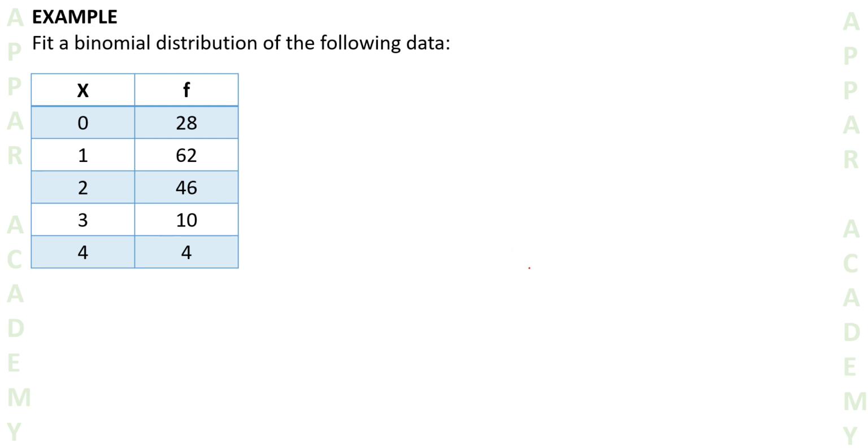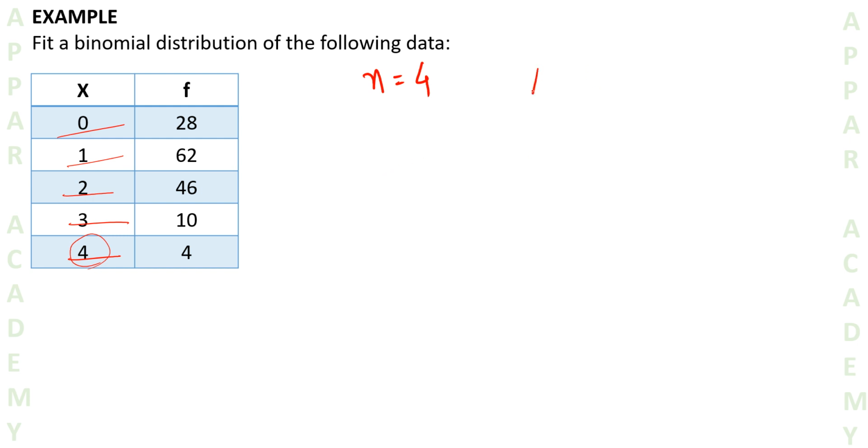We have the data, but we are not given the parameters like p and q. But looking at the data, x can take values 0, 1, 2, 3 and 4. Since x can take the maximum value of 4, what can we say? That our n is equal to 4, that is the total number of trials is 4, because only then can we get 4 successes.